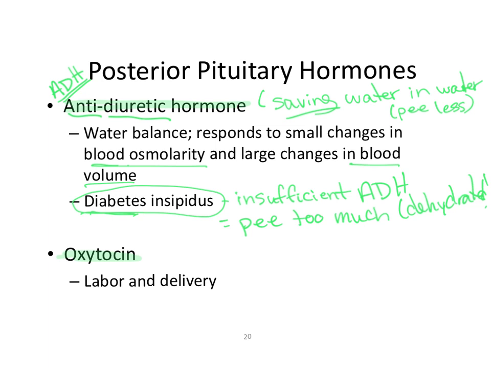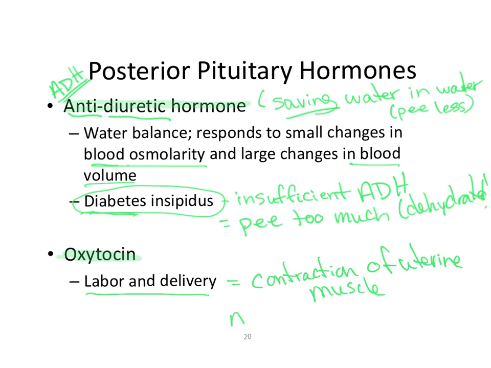The other hormone that is released by the posterior pituitary is oxytocin. And oxytocin is important for labor and delivery. Oxytocin causes contraction of uterine muscle for labor and delivery, and it causes milk letdown.